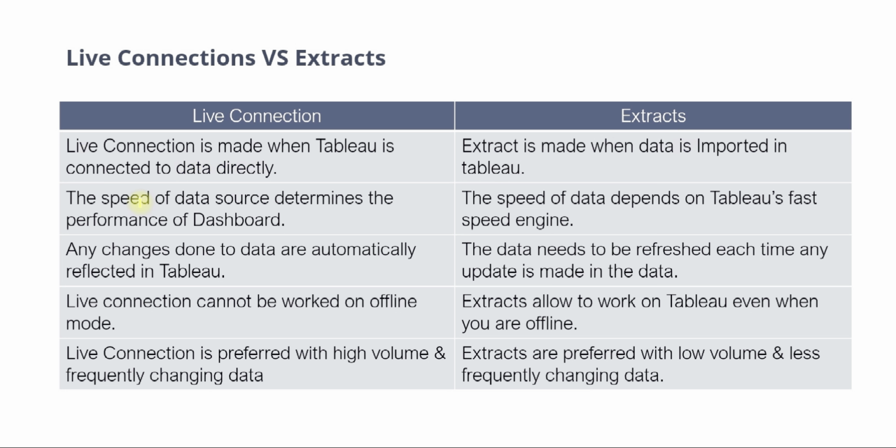The speed of the data source, that is, how fast the data source is fetched or queried in a live connection, determines the performance of the dashboard, whereas the speed of data depends on Tableau's fast data engine in the case of extracts. One of the major advantages of live connection is that if there are any changes done to the data in the backend, these are automatically reflected in the dashboards or the reports you have created.